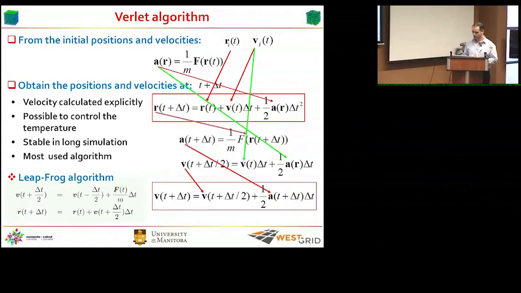We already have the initial velocities and positions. There is another algorithm which is similar to this one. It's called the leapfrog algorithm. Basically they are the same, except that one uses the velocities and the position at time t plus delta t, the other uses the velocities at half time.